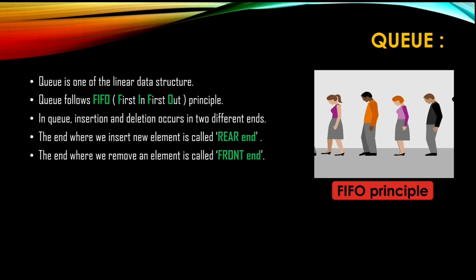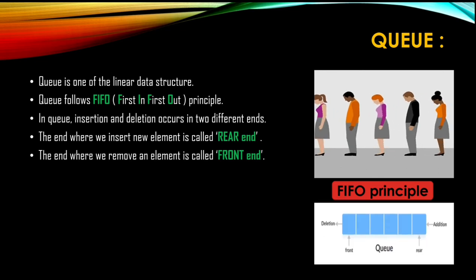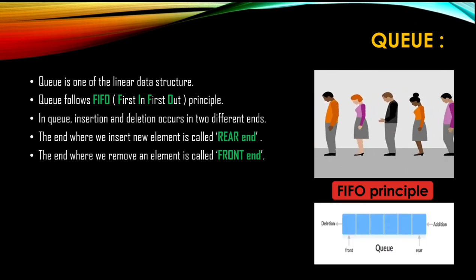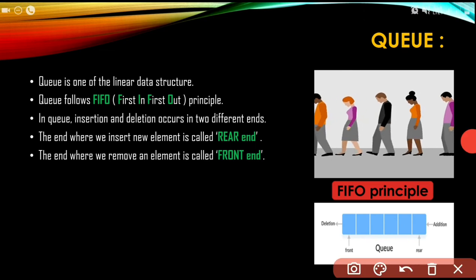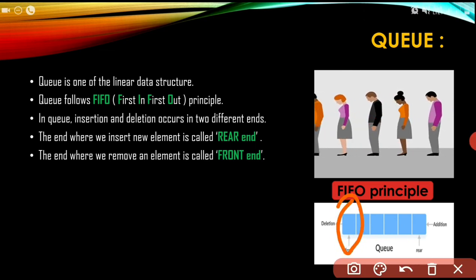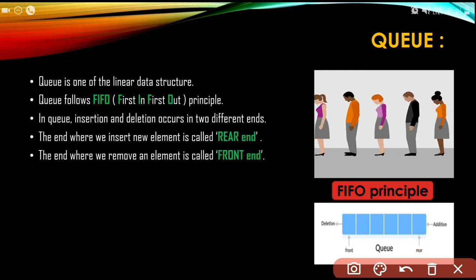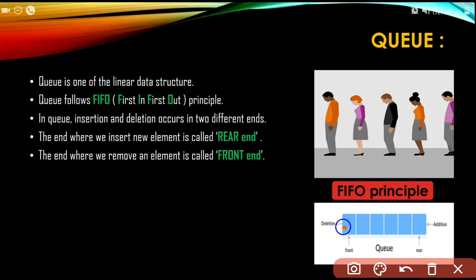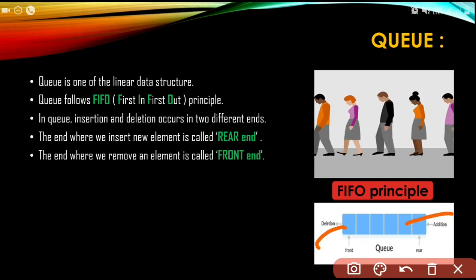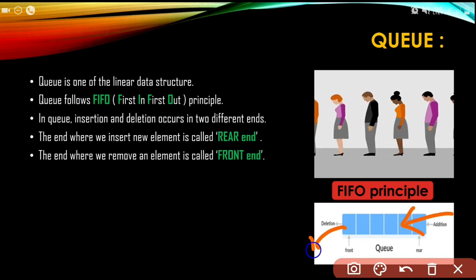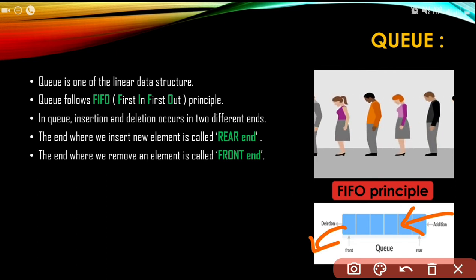That's why it is the front end. Now see, it is a queue in front of you. You have a front end and a rear end. From the rear end, we will insert elements, and from the front end, we will delete elements one by one.